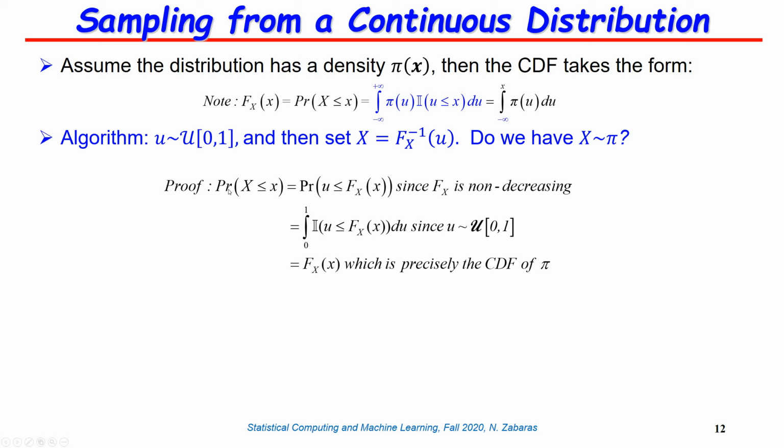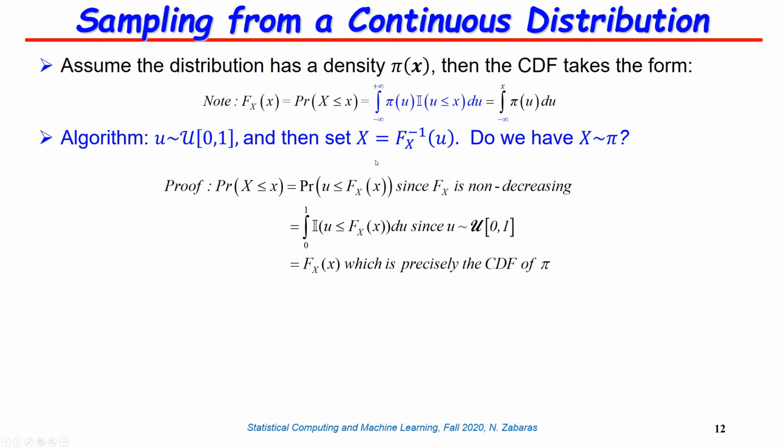Now, you will agree with me that, since the CDF of a continuous random variable is a monotonic function, the probability of capital X being less or equal to x is the same as the probability of u, my uniform random variable, being less or equal to the CDF value computed at x.